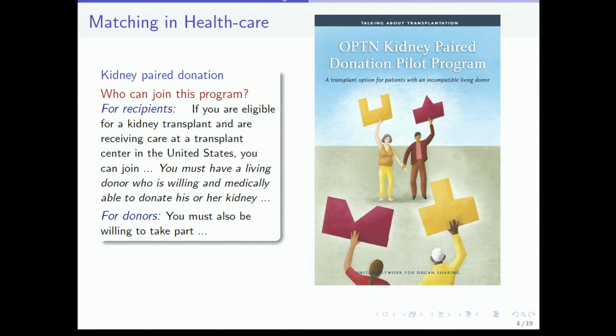And here is one example, living kidney donation program, where there is a patient that needs a kidney, and there is a friend or a family member that is willing to donate a kidney, but unfortunately they are not compatible. So in that case, they can sign up into a living donor program and wait until they receive a compatible match.